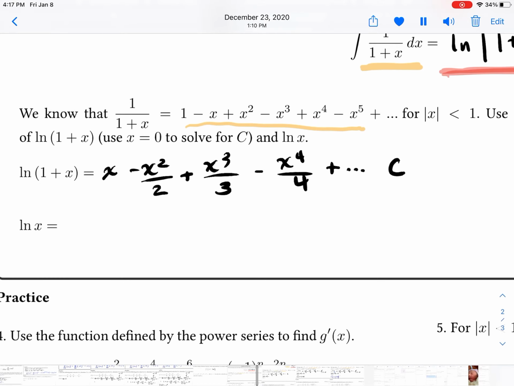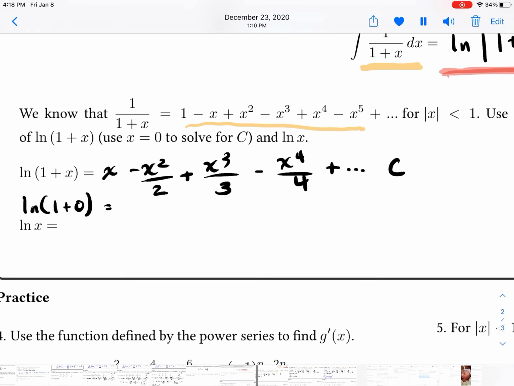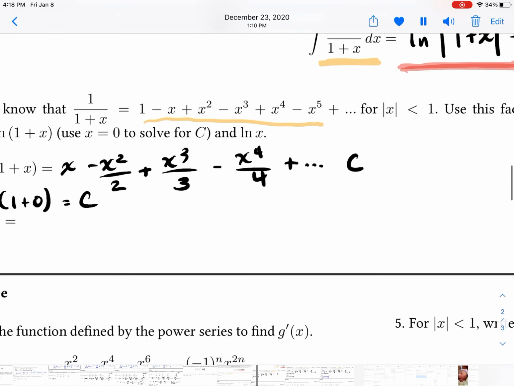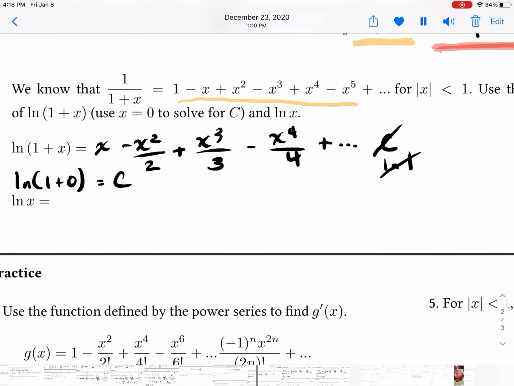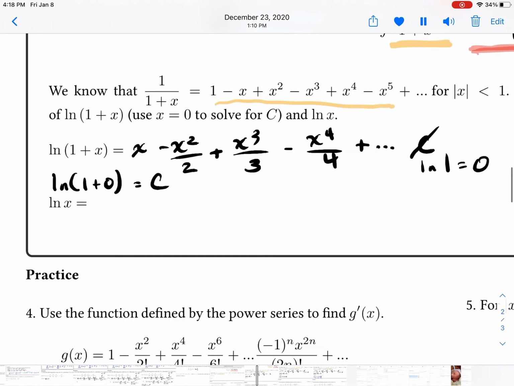So if I just plug in natural log of 1 plus 0 here, and substitute 0 for x, that means all of the preceding terms are going to become 0. And so we can just say that this is 0 plus c. So that means c is simply going to be equal to the natural log of 1, which is equal to 0. So that constant is effectively just 0.